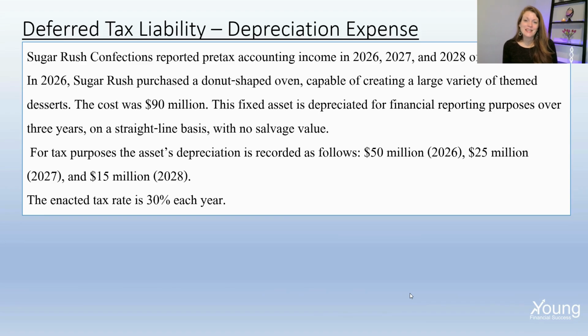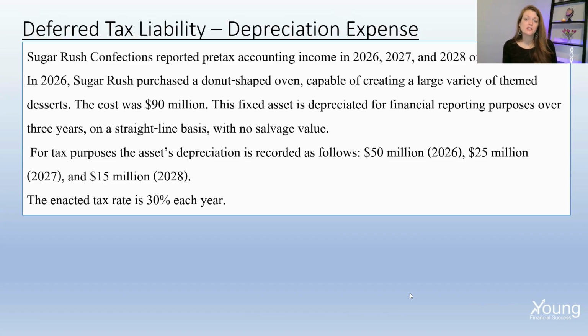This fixed asset is depreciated for financial reporting purposes over 3 years on a straight line basis. Yes, we love straight line, and no salvage or residual value. So remember, no value at the end to be able to sell it. For tax purposes, the asset's depreciation is recorded as follows. So they're doing it differently for tax purposes.